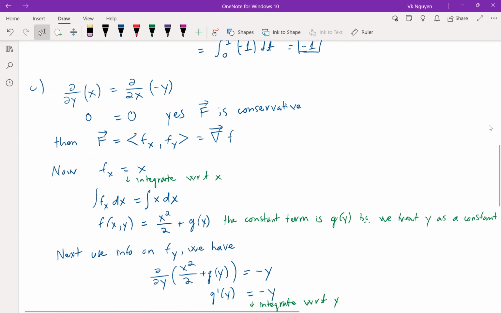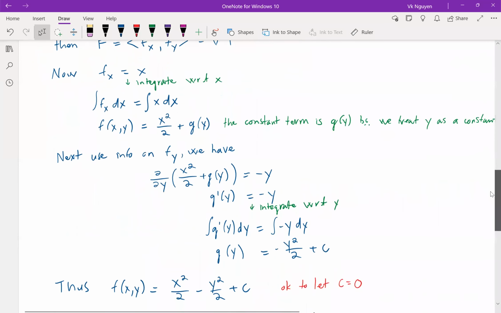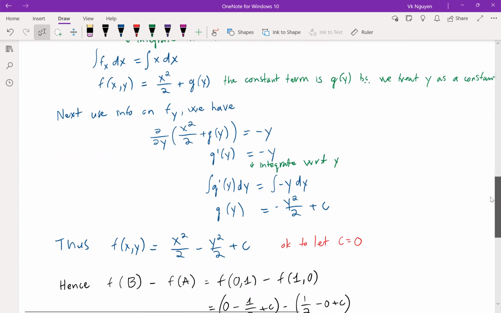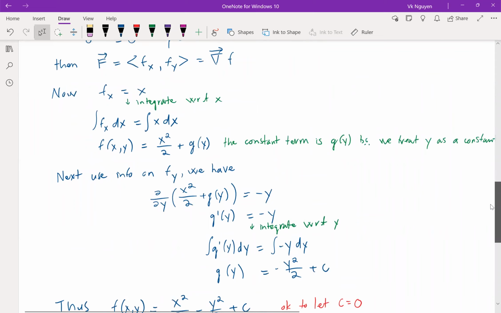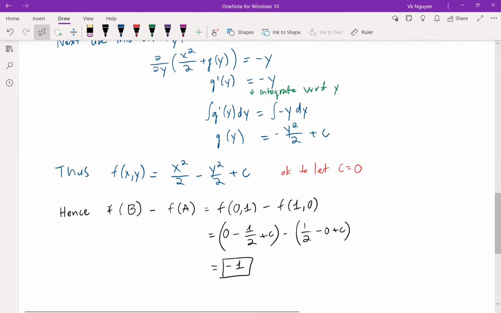Using integration and partial derivatives, we figure out the function f(x, y). And from there, if we evaluate the scalar function at the end point minus the scalar function at the initial point, we get the same number, -1.